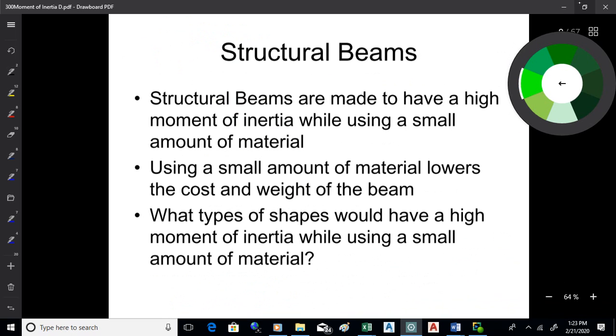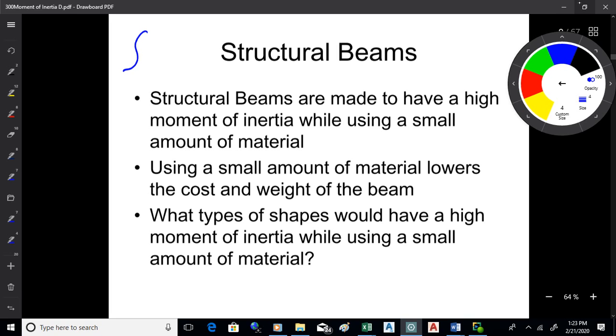Because what material does is it adds weight to the structure and it adds cost. So you want to get the biggest moment of inertia you can get for the smallest amount of material. All right, because here's our formula right there. We want to keep the dA, or the total of dA, as small as possible. Again, because higher area means more weight, more cost.